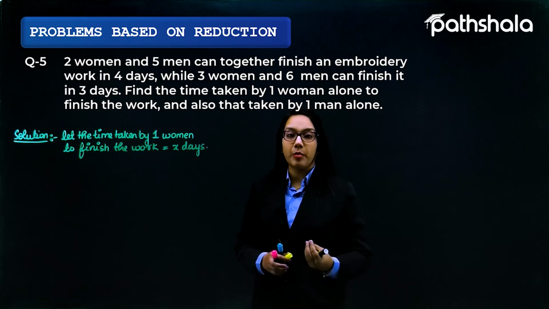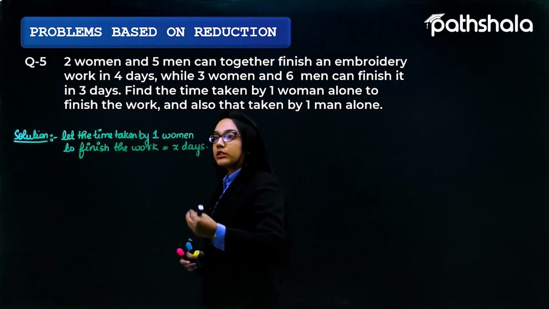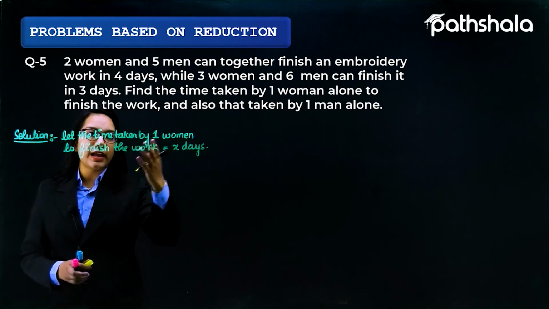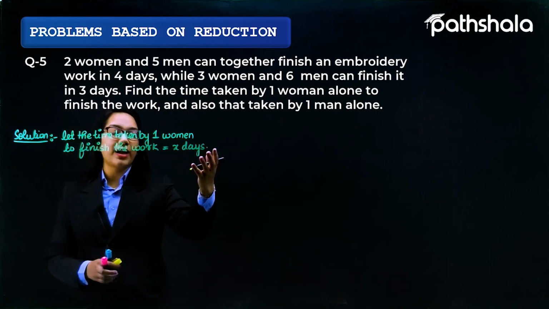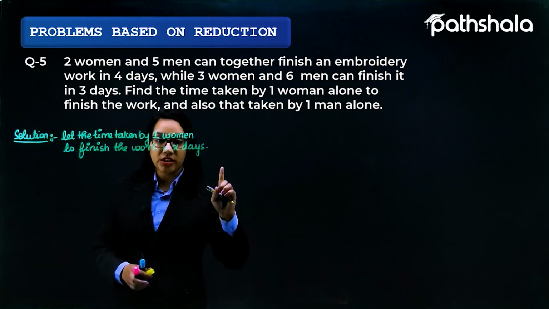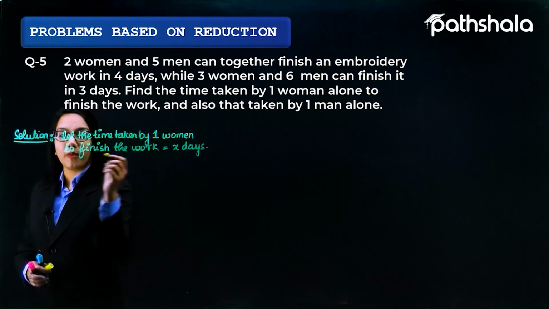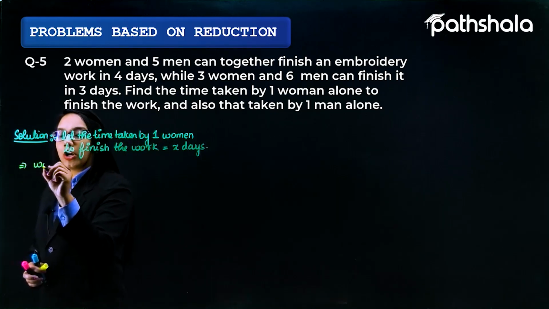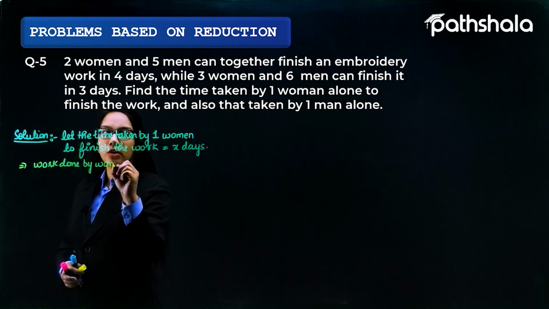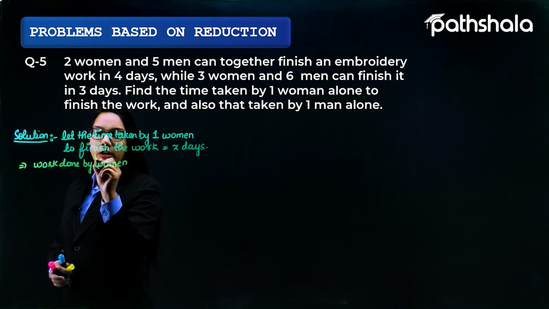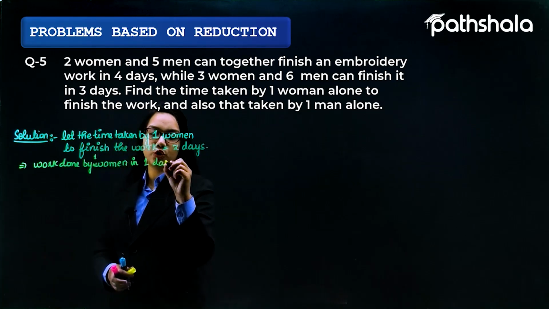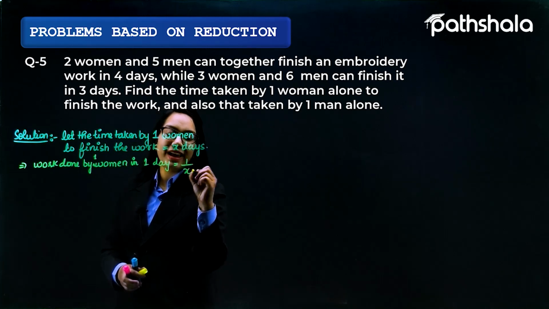So if we are talking about the work done by 1 woman in 1 day, because we have taken the time taken by 1 woman to finish the work as x days, it implies the work done by 1 woman in 1 day should be of the form 1 by x.